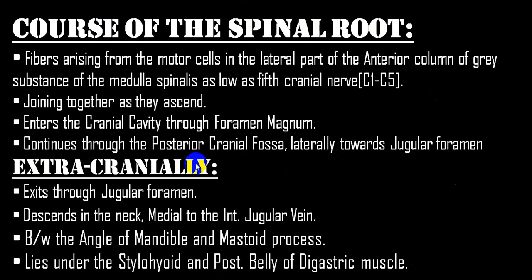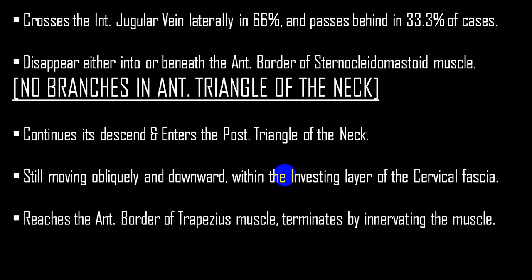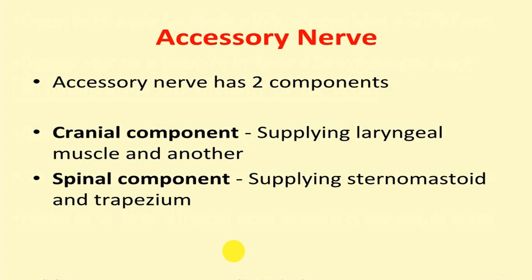So already we have discussed the extracranial part and the course of it, how it enters through the foramen magnum and then comes out through the jugular foramen. After coming out through the jugular foramen, it will run in the posterior triangle, and then it will supply sternocleidomastoid and trapezius.